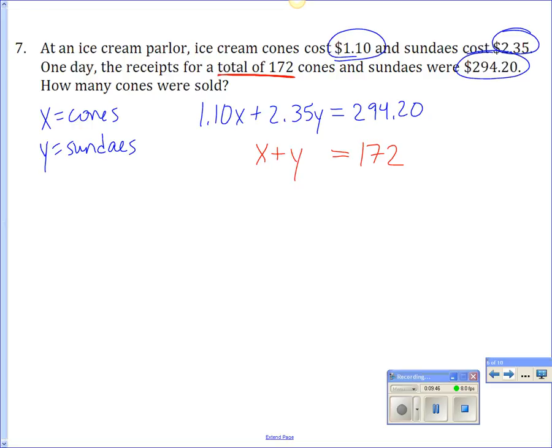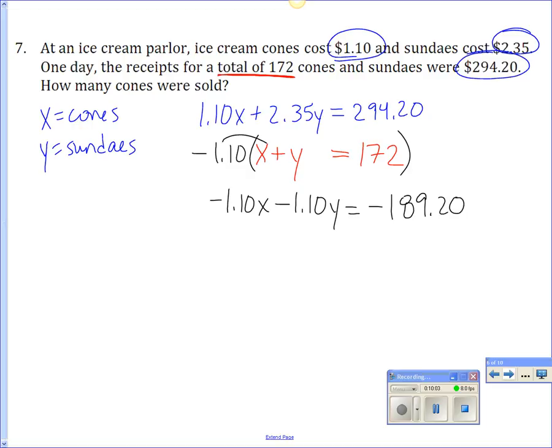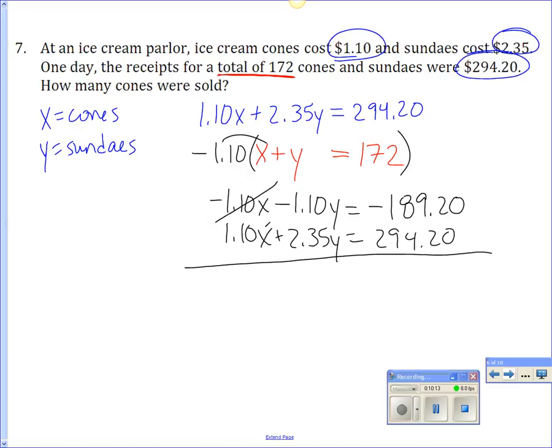All right, I'm going to multiply this bottom one by negative 110. So that gives me negative 110x, negative 110y, and negative 189.20. And I'm going to rewrite the one in blue right underneath it. So your x's cancel. You're left with 125y.